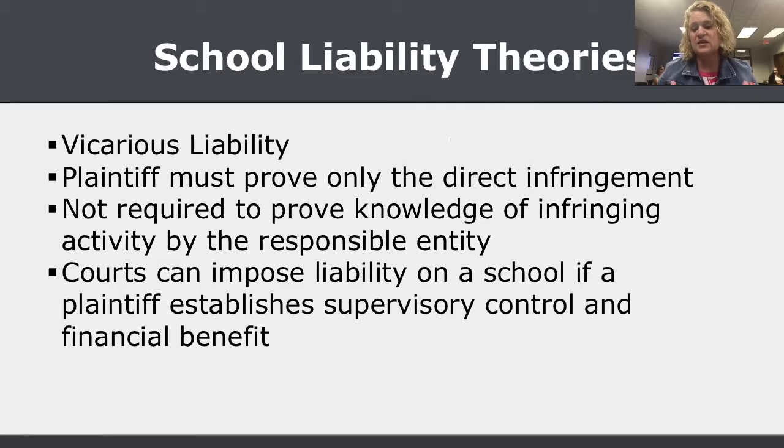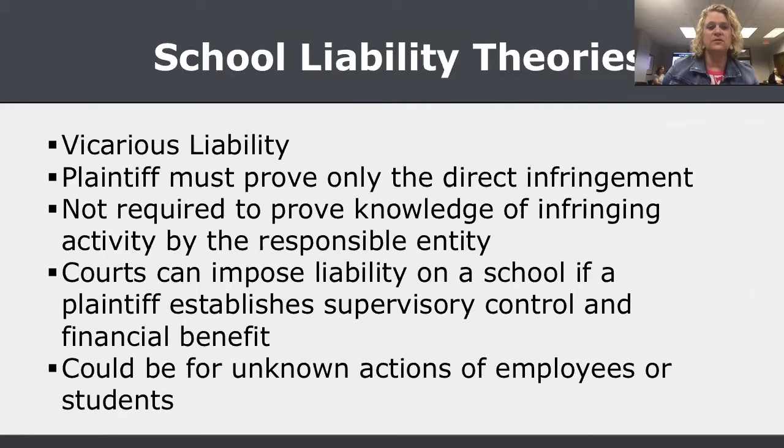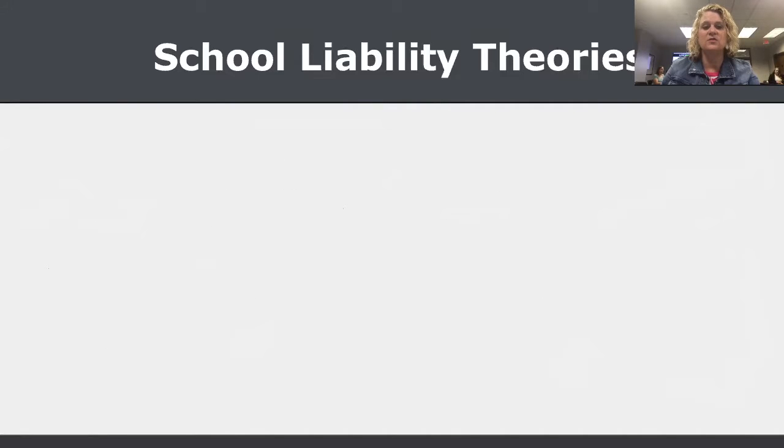Again, what this slide is really meant to tell you is you need to train your staff on copyright, because you can get tagged as a school district for liability for your employees' violations, even if the employee is also sued as an individual. And it could be, you could not even know. The basketball picture, the school district didn't even know that somebody had put that on their website. It doesn't matter. The school district was vicariously liable because they should have kept track of what their employees and students were doing.